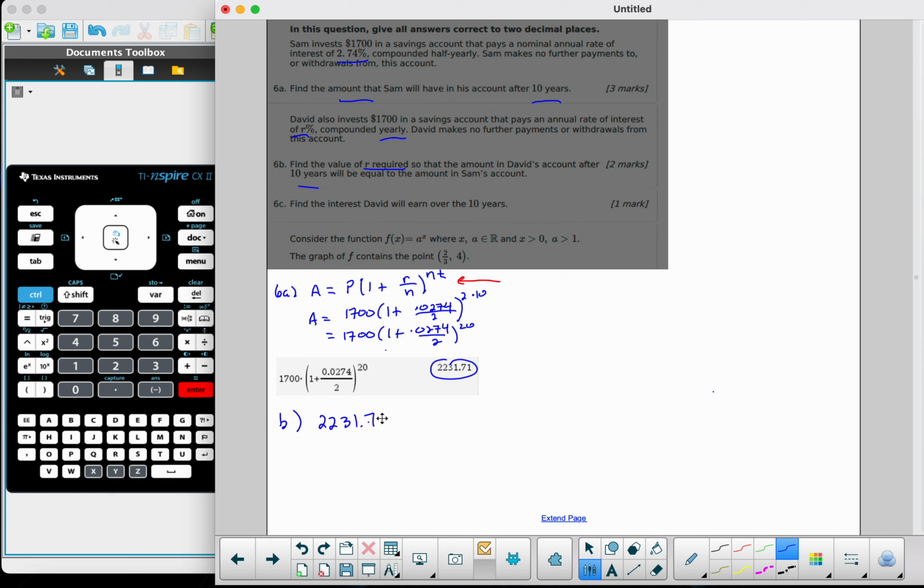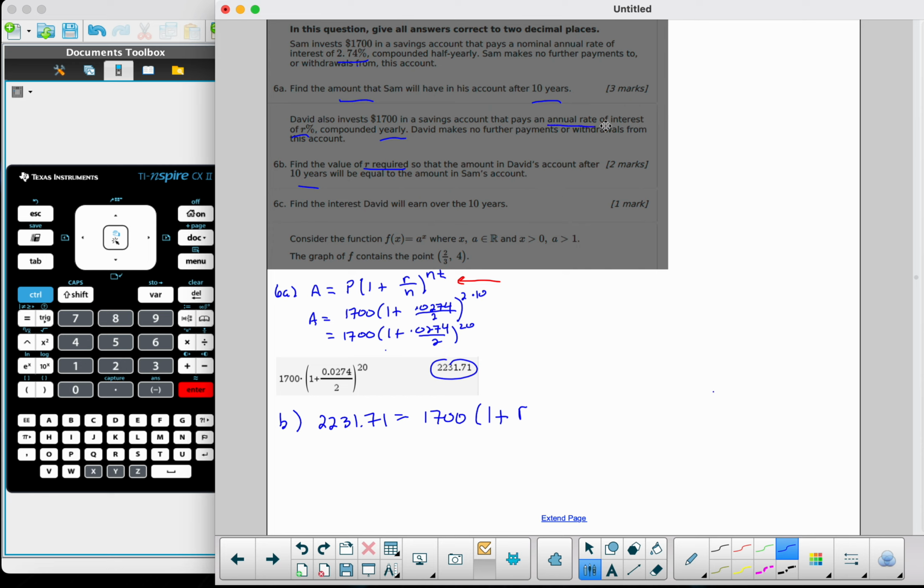So our equation, replacing A with 2231.71, has to be equal to his initial amount, which is 1700, just like Sam's, times 1 plus R, where R is the interest rate. And we don't have to put it over N because N is simply 1, right?